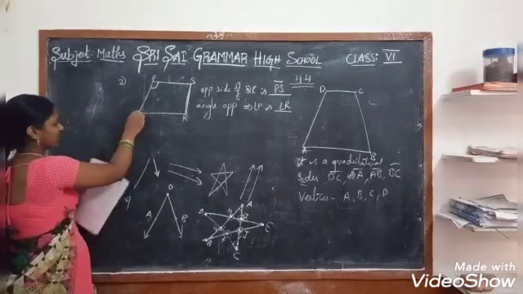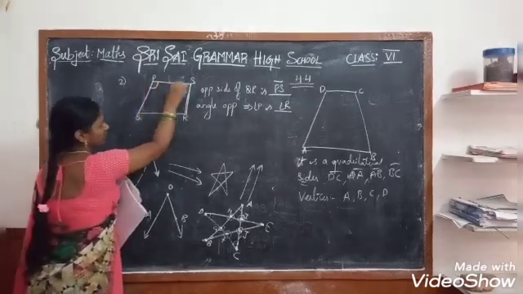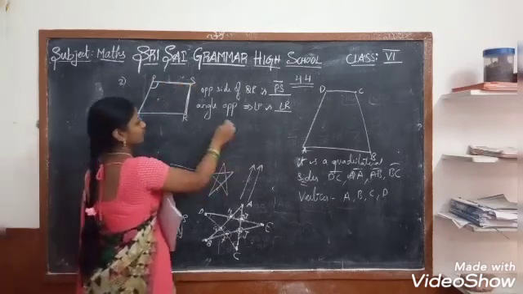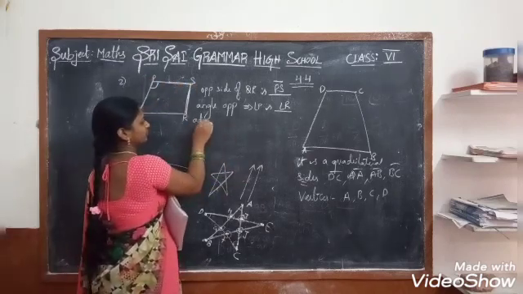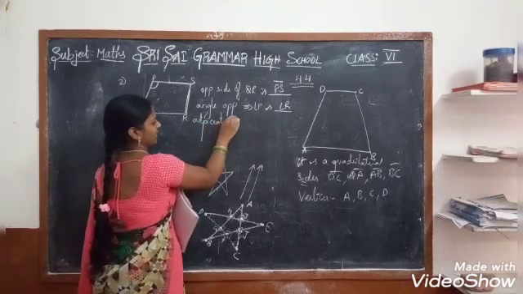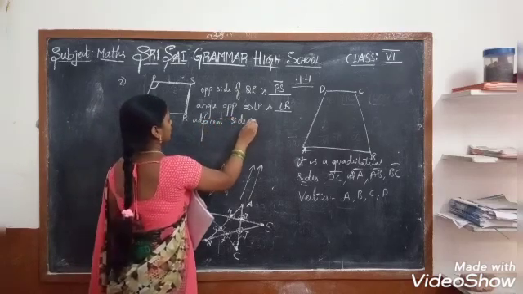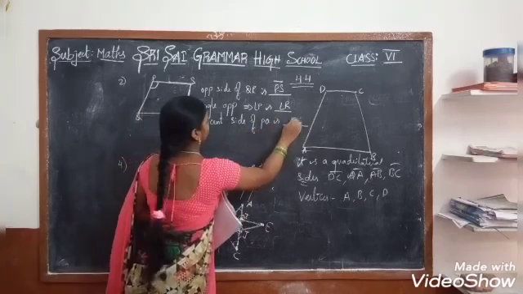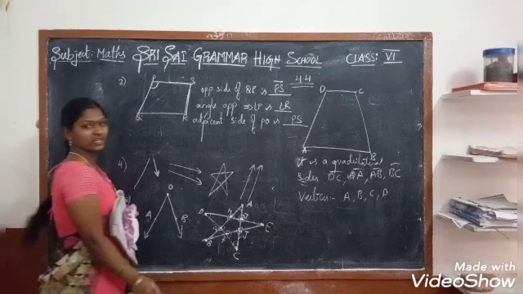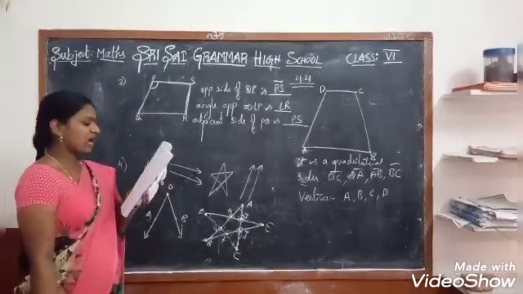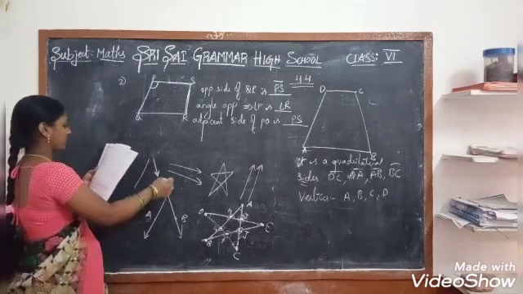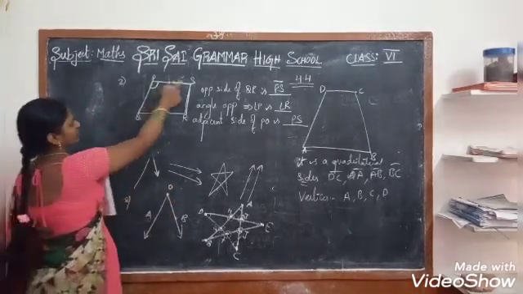The adjacent side of PQ is PS. Then the adjacent angle of S are adjacent angle of PS and SR.